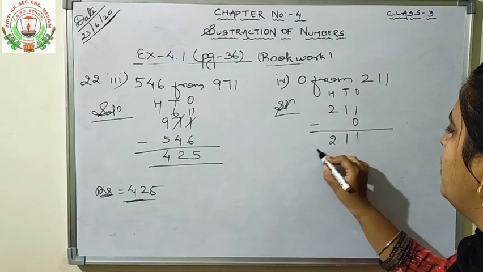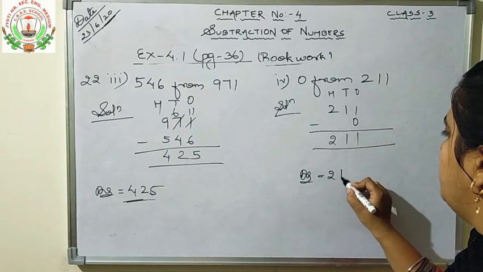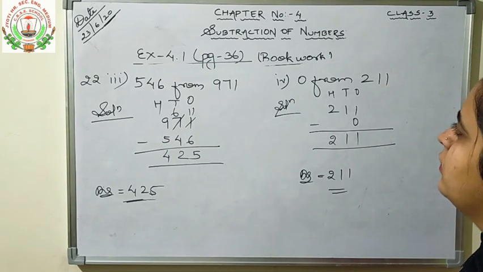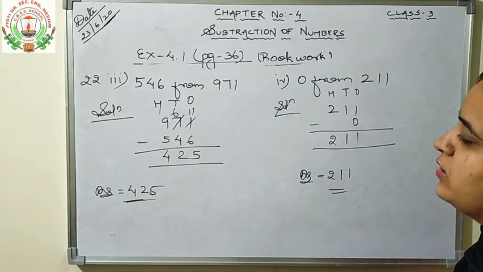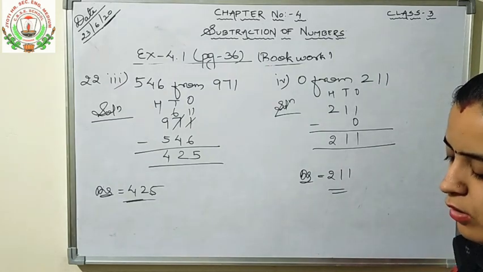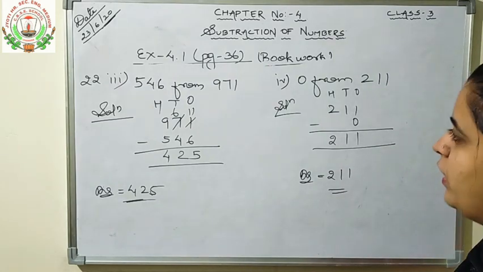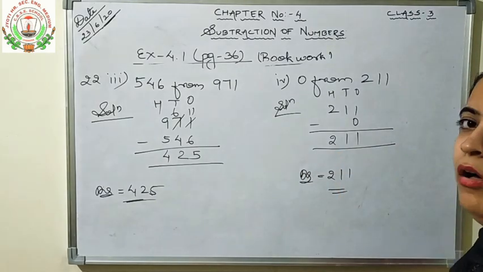Below 2 no number is there, so we will write here 2. Answer is equal to 211. Okay, so this was your first exercise, number 4.1. In 4.1 you have to solve question number 1 to question number 21 in your book, and question number 22 you will solve in your copy.